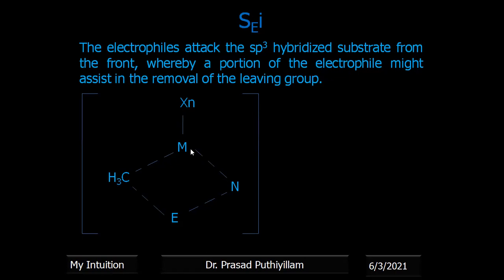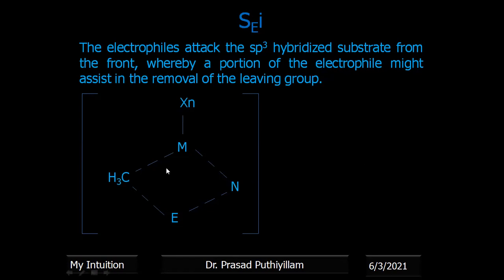It tries to form a bond with the metal. When it tries to form a bond with the metal, the metal loses its bonded electrons with the carbon. These electrons shift to form the carbon-electrophile bond, and a new bond is formed between the metal and the portion of the electrophile.